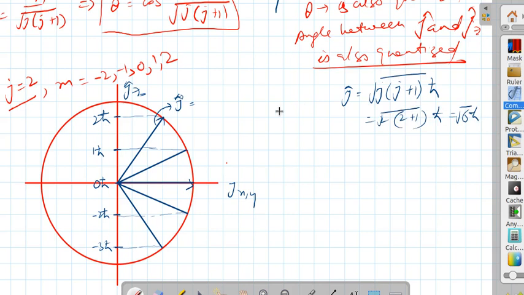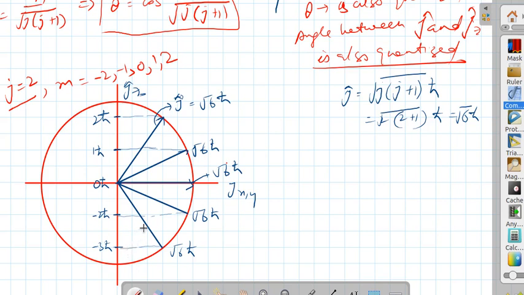So this value is root 6 h cross, this is also root 6 h cross, and this length is also root 6 h cross. So all are equal. This is the graphical representation of angular momentum.